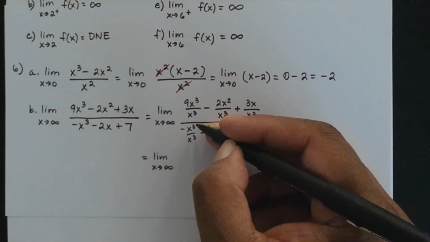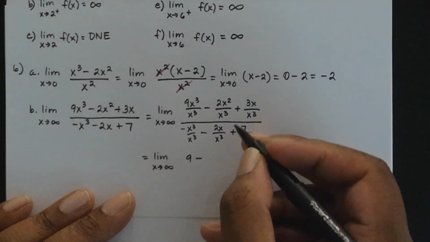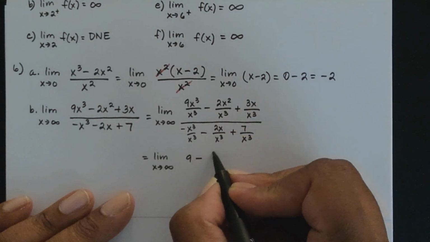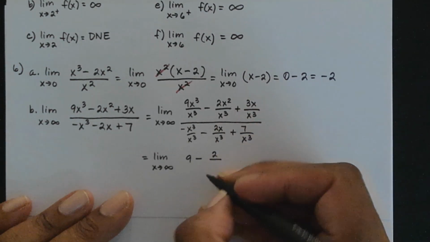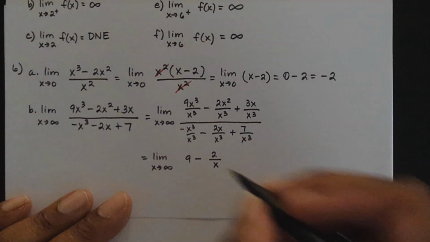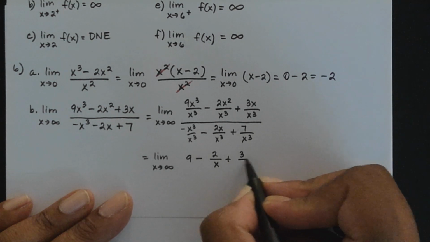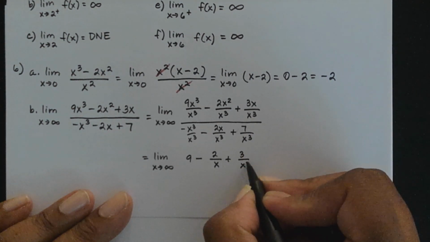Now 9x cubed divided by x cubed reduces to 9, minus 2x squared divided by x cubed. I have a 2 in the numerator, but 2 of those x's are gone, so I'm left with an x in the denominator. And then plus, I still have a 3 in the numerator. One of the x's will divide out with that x cubed, leaving me with x squared.